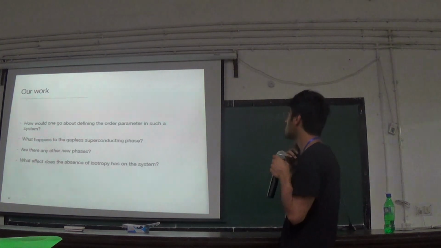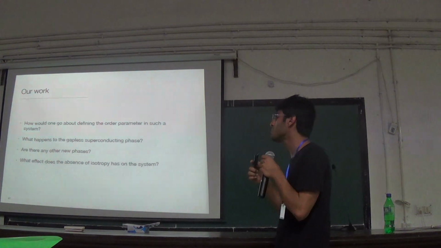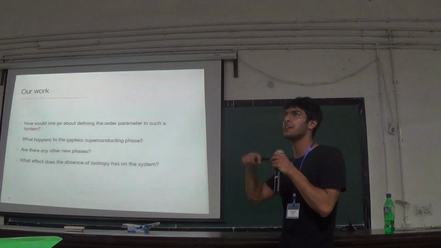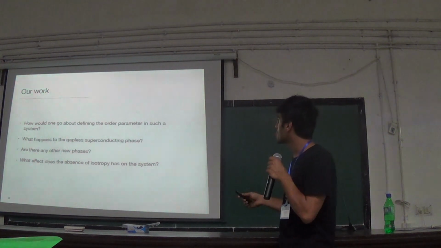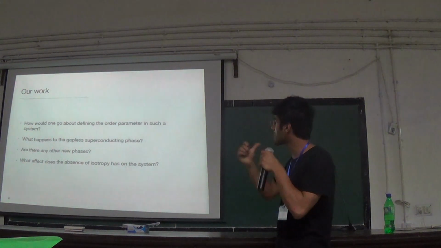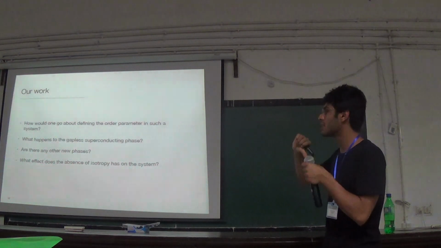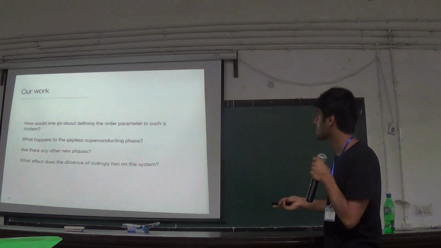How would one go about defining the order parameters? Because we don't really know. Initially in the BCS state, we knew the order parameter is just defined on site. Now here it depends on the bond or the nearest neighbor. So what exactly is the correct way to define the order parameter? Because that also takes into account the spin singlet and triplet pairing of the things.